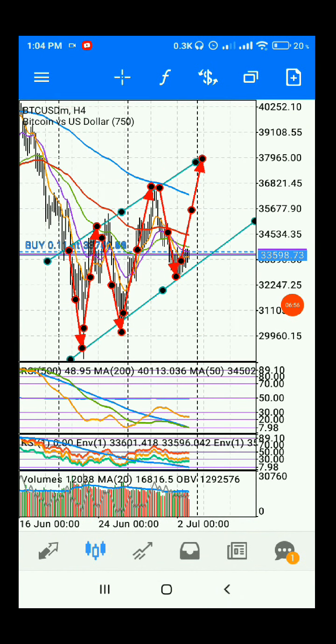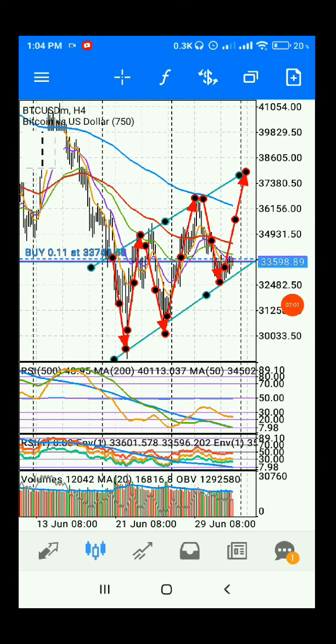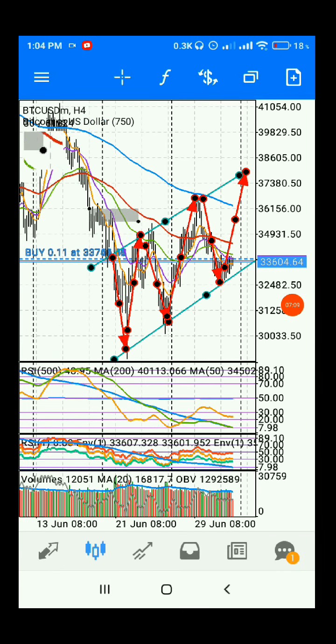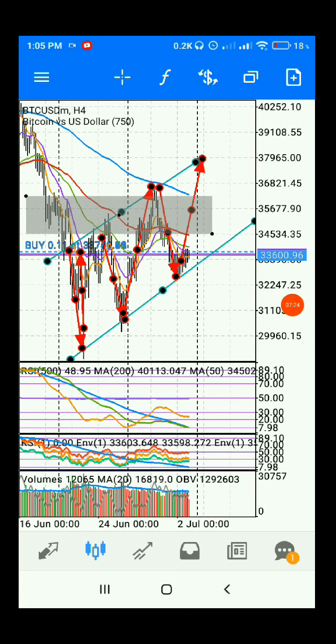If I go to H4, I got this zone. This is a fresh zone, where the price is. This is a fresh zone.